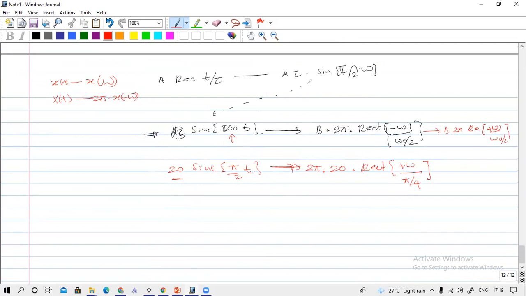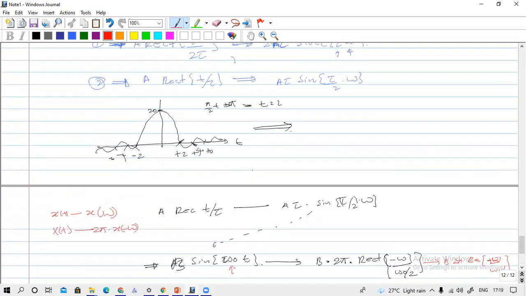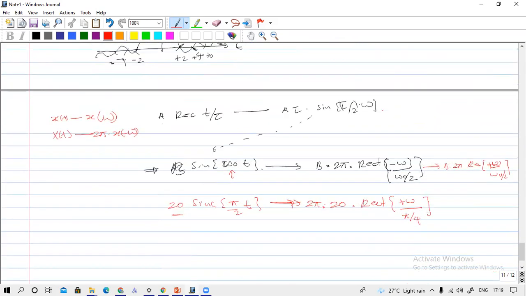If you draw the signal, you have here 20 to 5, and you can see that here 5 by 2. Sorry, this is 5 by 2, and here it should be 5 by 4. So we have 5 by 2, 5 by 4.